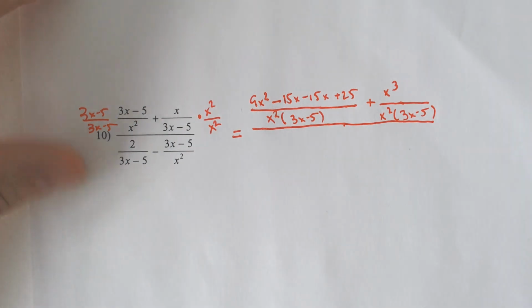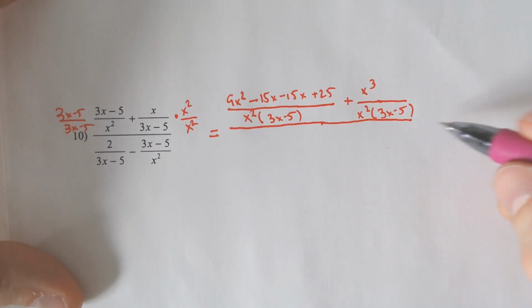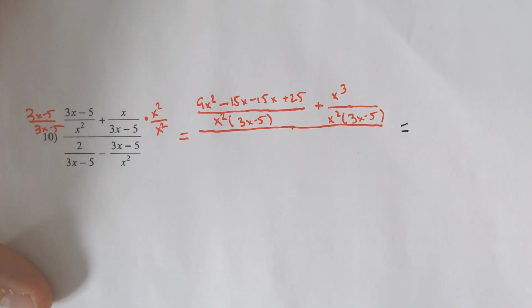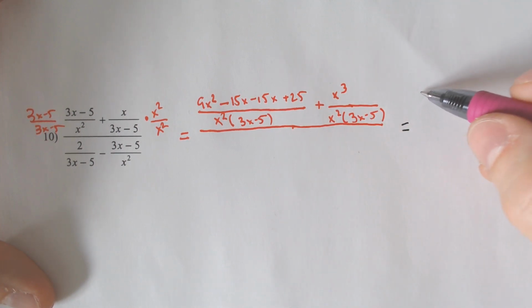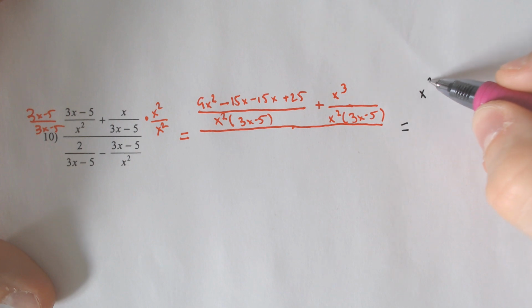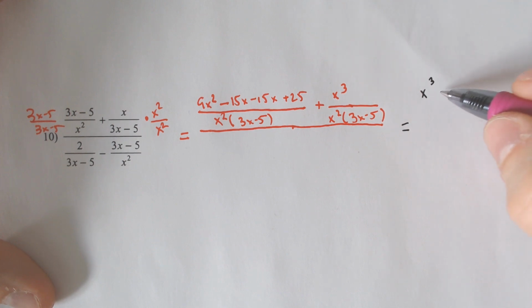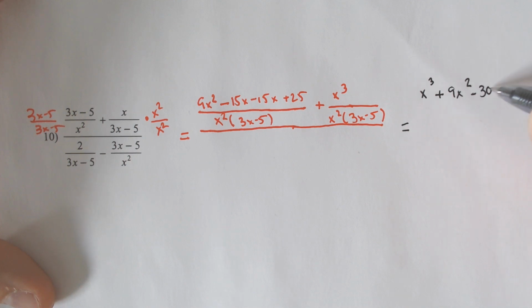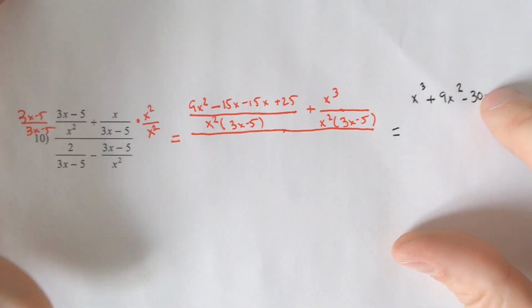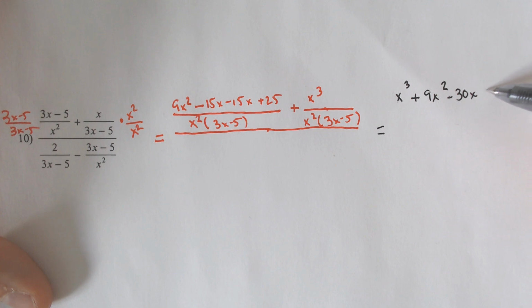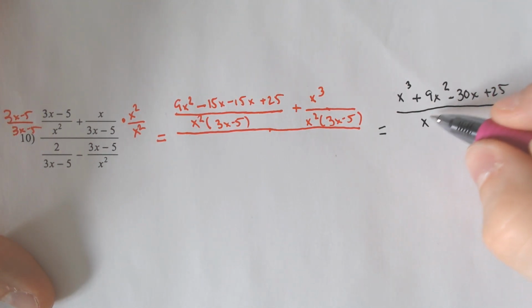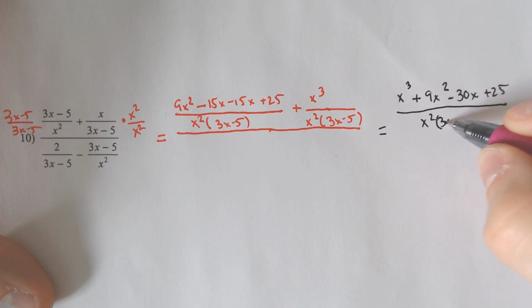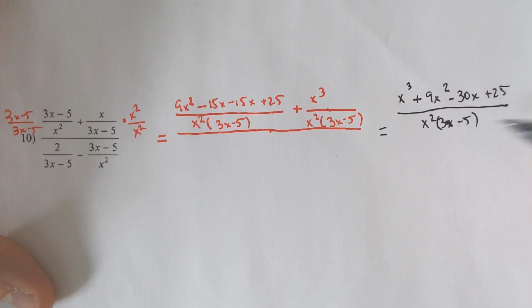From here, the bottoms are the same, so we can add the tops of the fractions together, which doesn't really involve much adding because we have an x to the third, which is weird but true. x to the third plus 9x squared minus 30x, because negative 15 and negative 15 make negative 30, plus 25 over x squared and 3x minus 5.